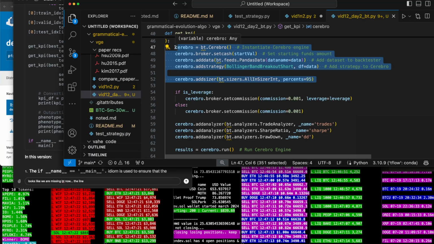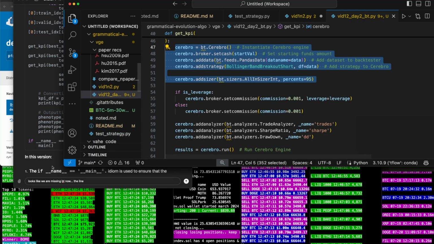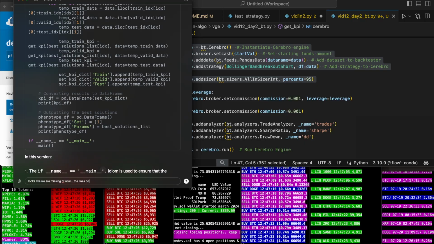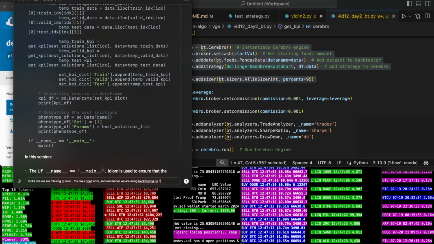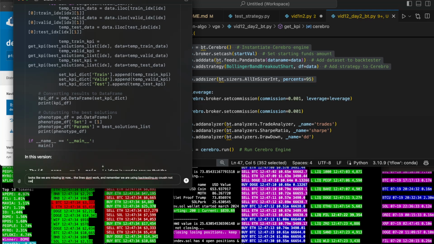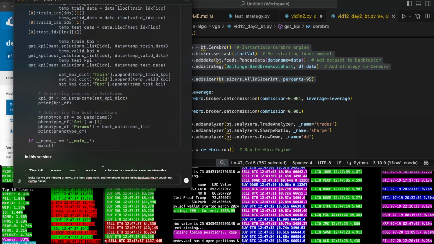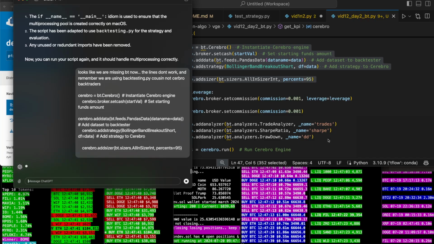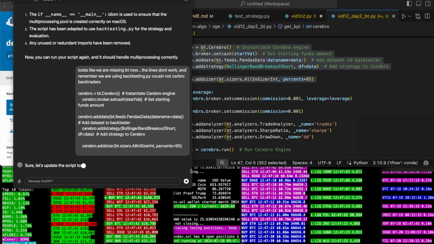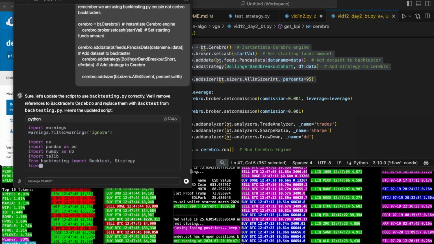And why is it using Cerebro? Remember, we are using backtesting.py, not Cerebro. Cerebro is backtrader.